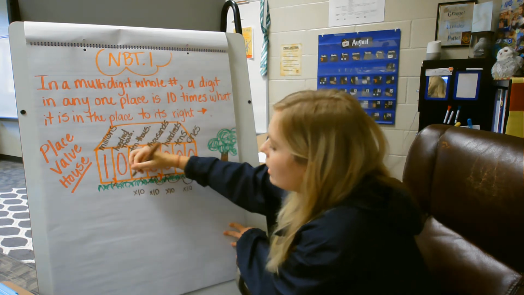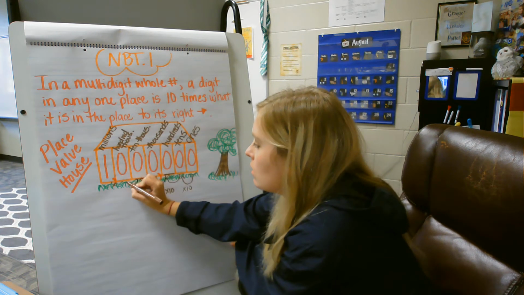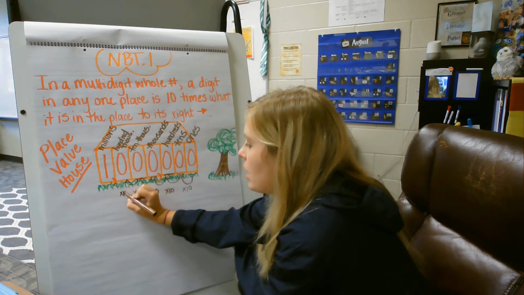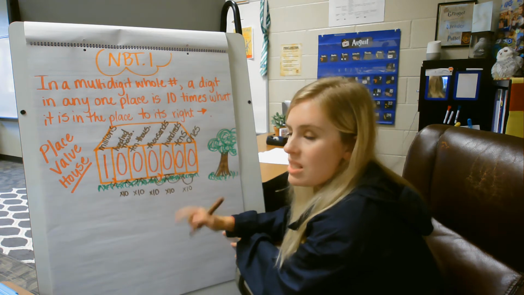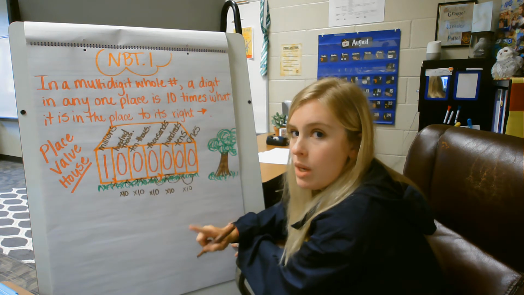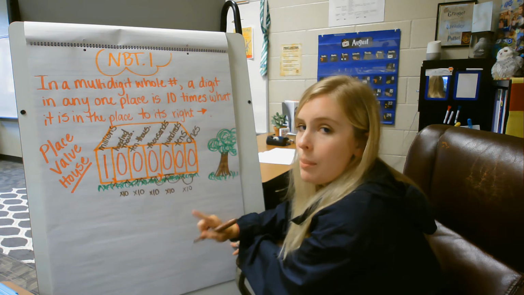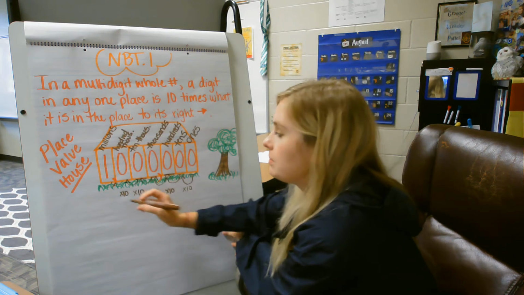So I can continue to remind myself that each one of these jumps from place value to place value is going to be 10 times greater than the place value before. Again, not the number, but the actual place value itself.